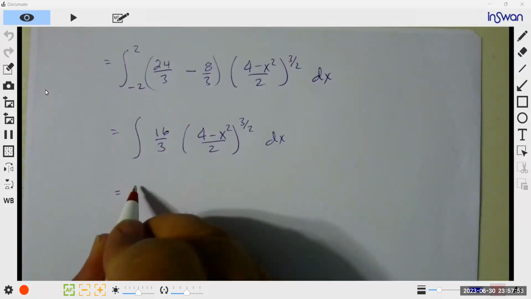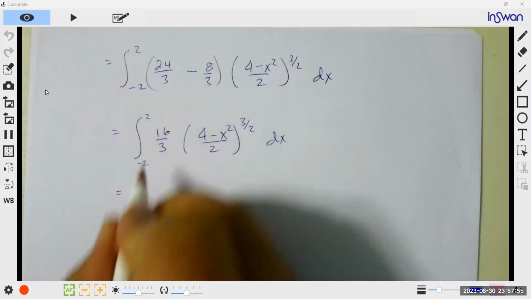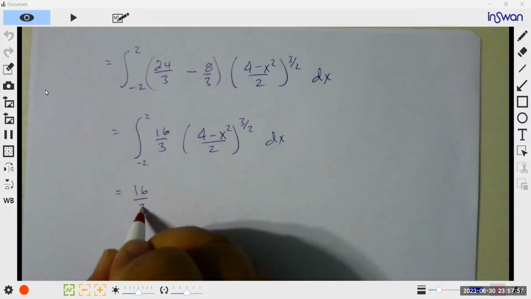The 16 over 3 is a constant, so I can bring it out in front.